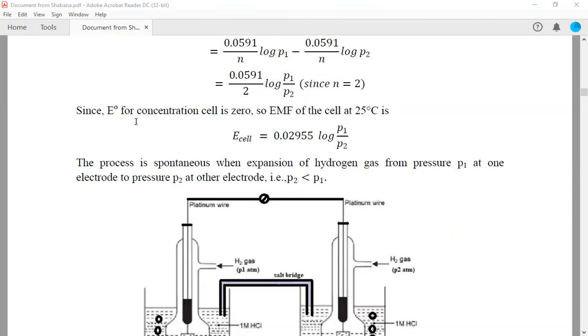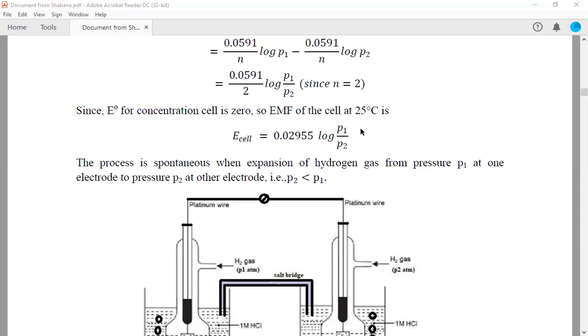Since E0 for the concentration cell is 0, the EMF of the cell at 25 degrees centigrade is given by the formula E cell equals 0.02955 log P1 by P2.